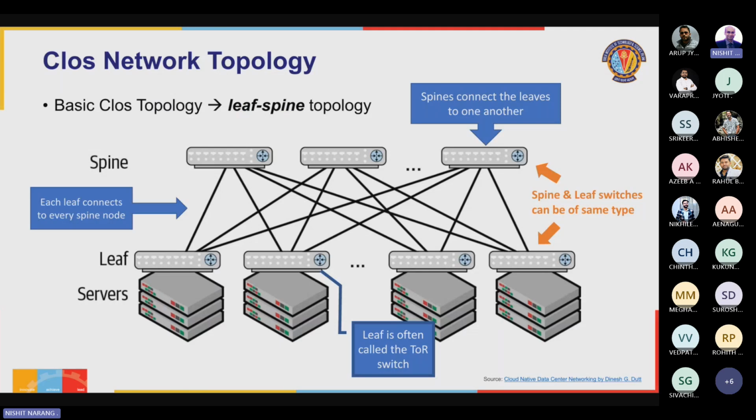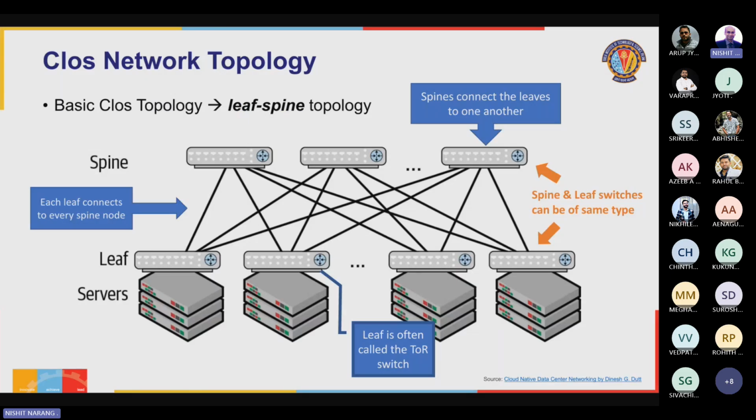So we saw that the Clos network topology consists of a layer of switches called the leaf switches, which are also sometimes called the top of rack switches, which exist within every rack. And that rack, apart from the leaf switch, also holds the other servers. So all these servers are connected via the leaf switch to each other. The servers in one rack are also connected to servers in the other rack via a backbone network, which we call the spine.